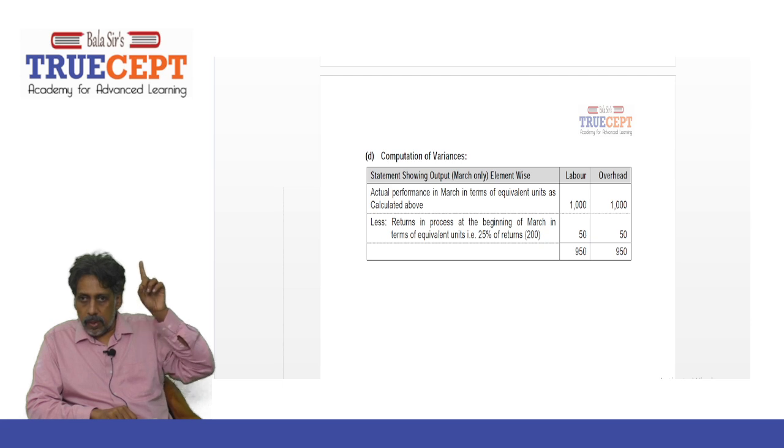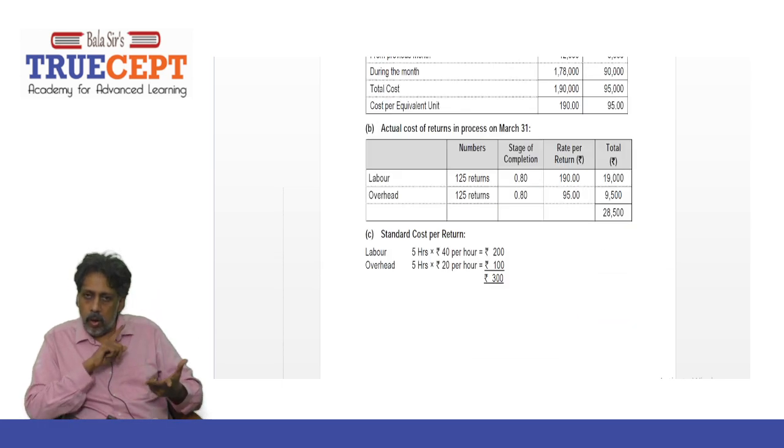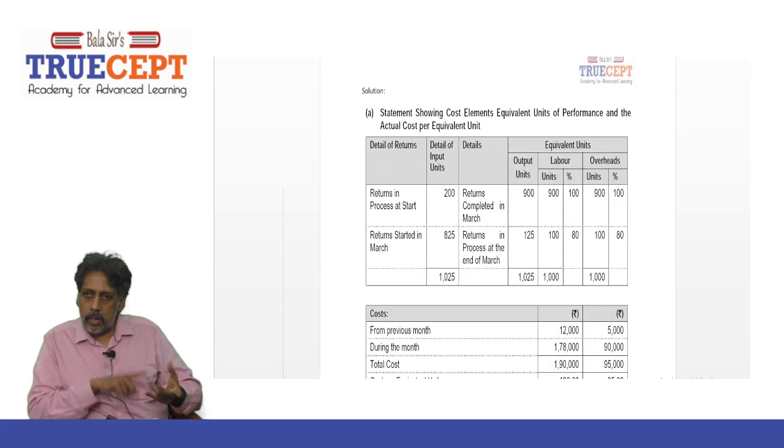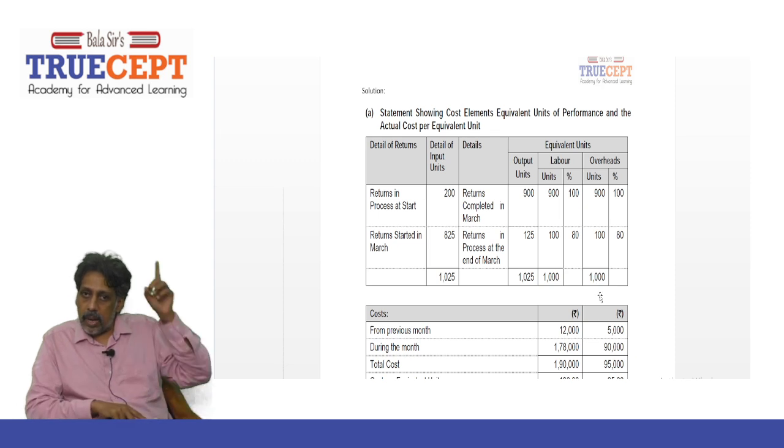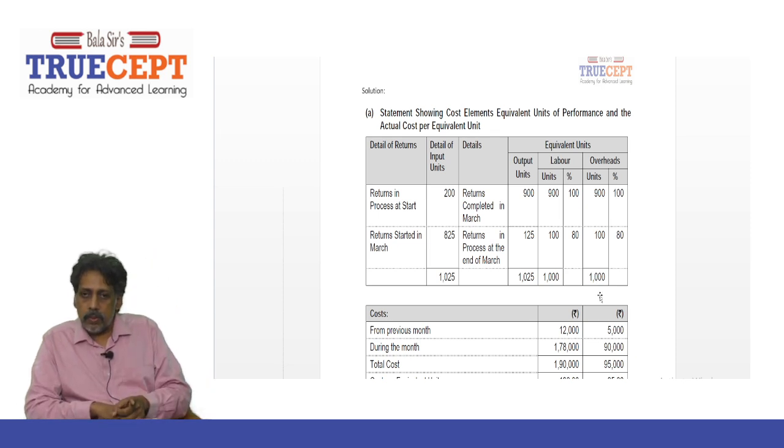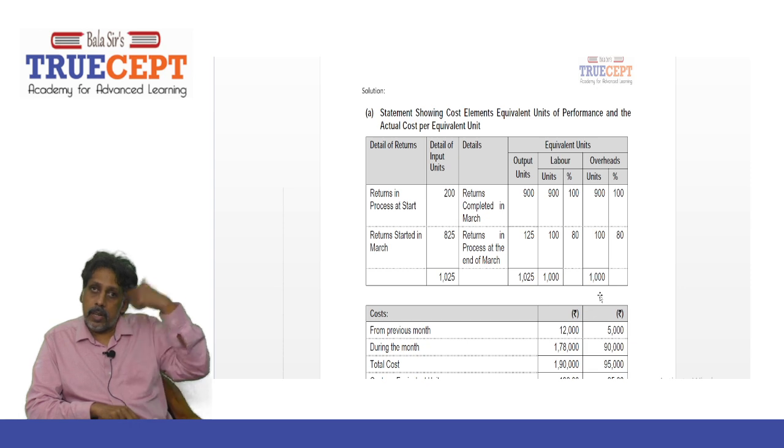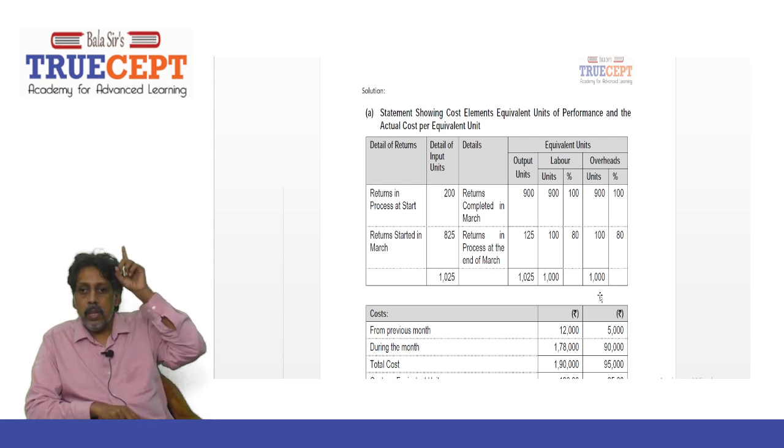Just go back to subdivision A. Now remember we got 1,000 equivalent units for labor and overheads. That 1,000 is made up of 900 and 100. That 900 includes 200 from opening work in progress, which would have been completed in the current month. Of the 200, how much is already completed in the previous month? 25%.